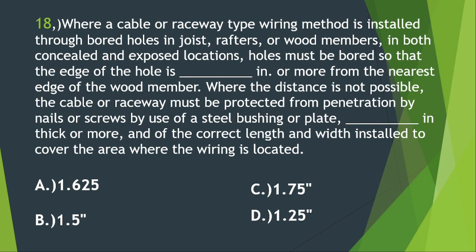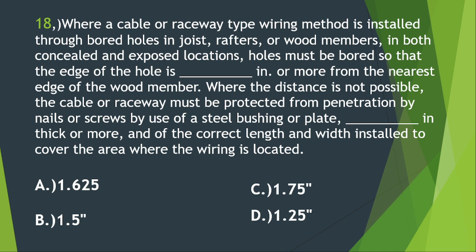18. Where a cable or raceway type wiring method is installed through bored holes in joists, rafters, or wood members in both concealed and exposed locations, holes must be bored so that the edge of the hole is blank in or more from the nearest edge of the wood member.